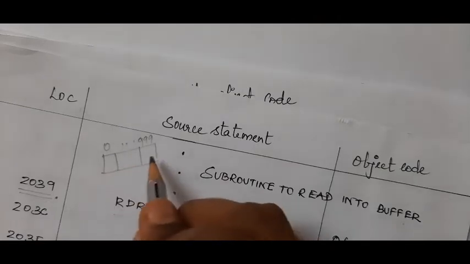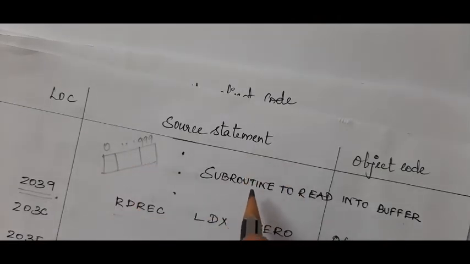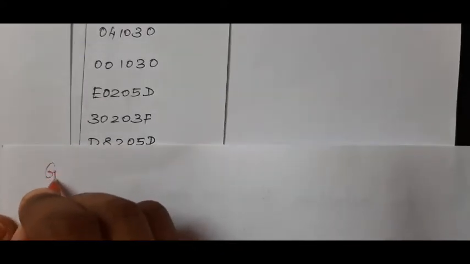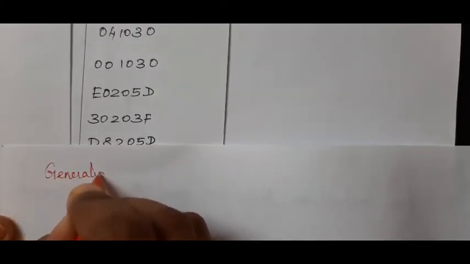So 1000 memory spaces we have used here. We have reserved 1000 memory spaces. Next we are going to see how we generate an object code. So, generation of object code.